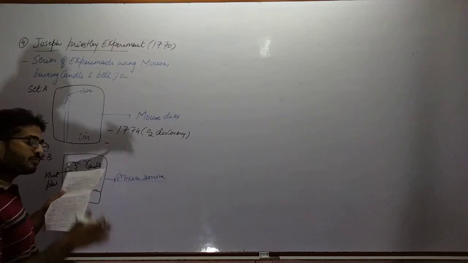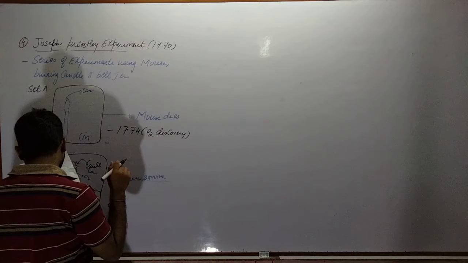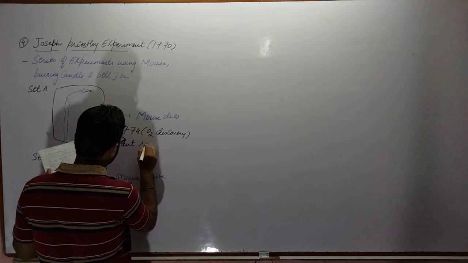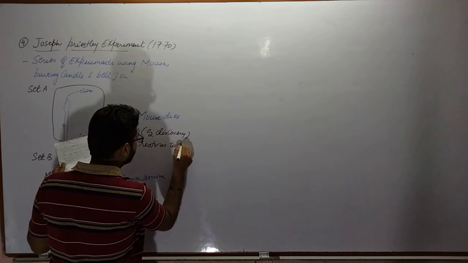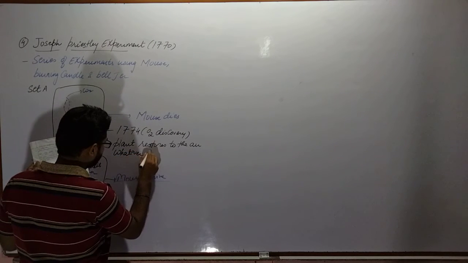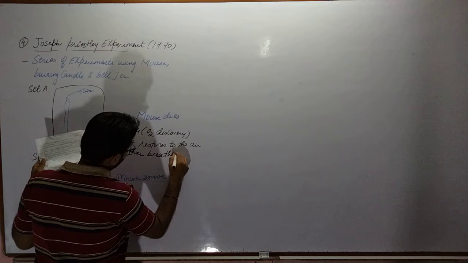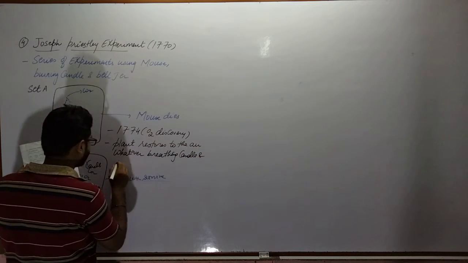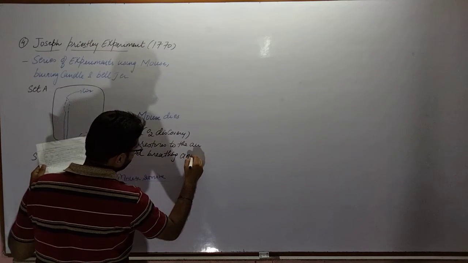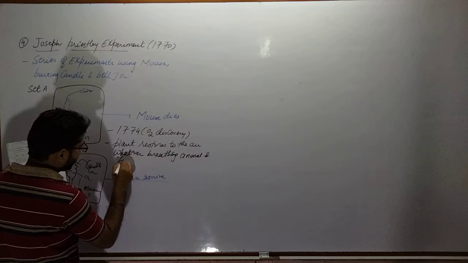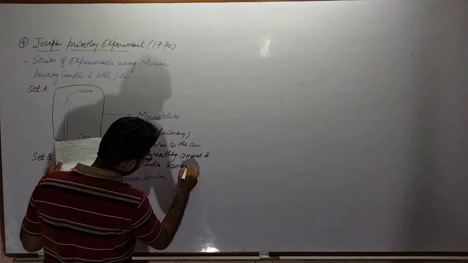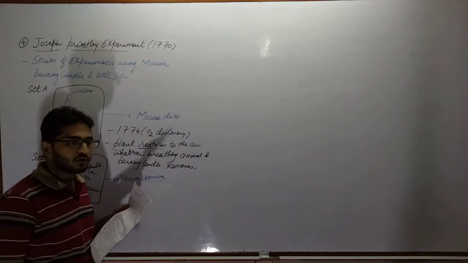The statement that he gave is: plants restore to the air whatever breathing animals, that is the mouse, and the burning candle remove. They remove the oxygen and the plant restores this oxygen to the air.